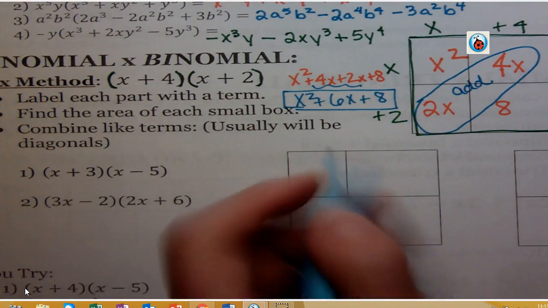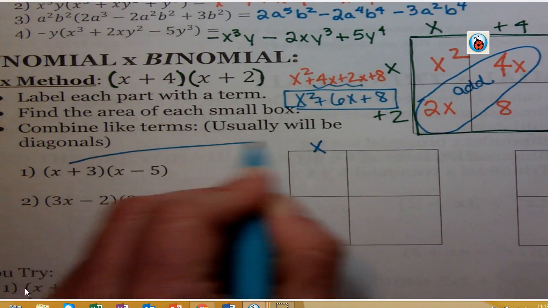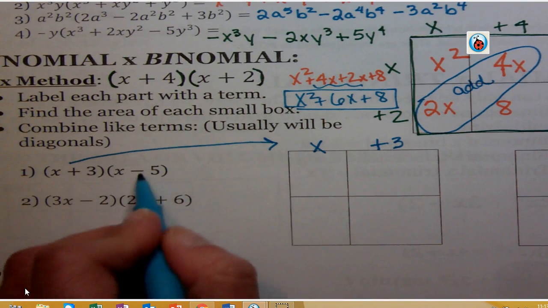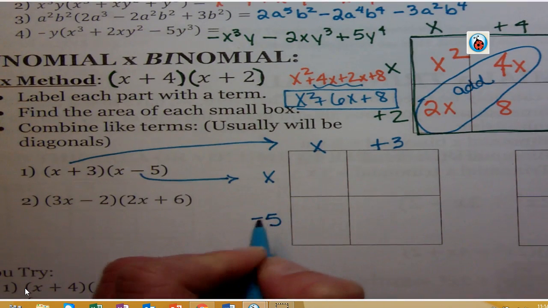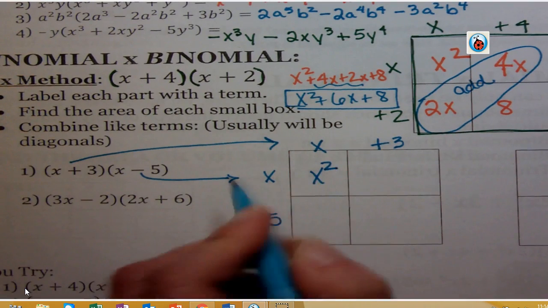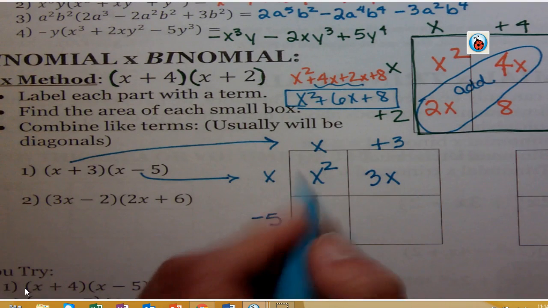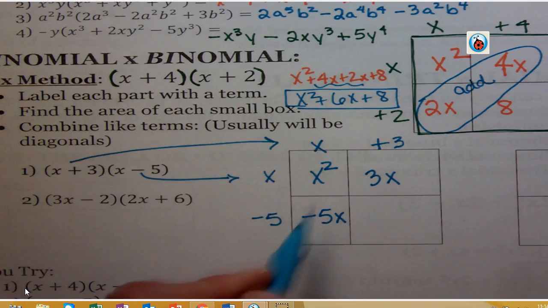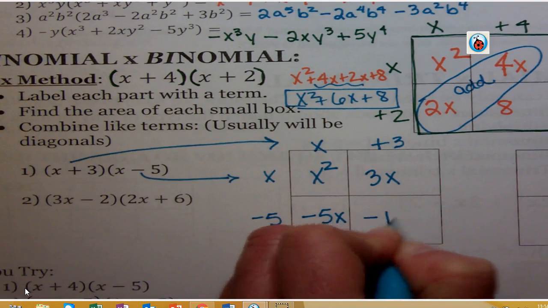If we were to do these, x would go here, plus 3x minus 5. Multiply x times x, I get x squared. X times 3, 3x. X times negative 5, negative 5x. 3 times negative 5 is negative 15.